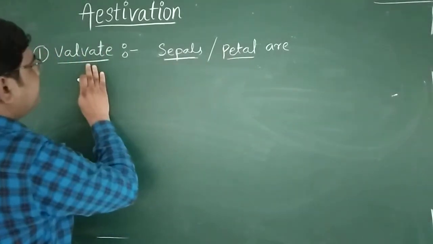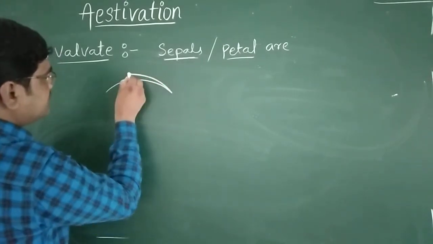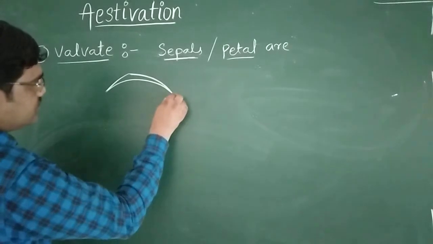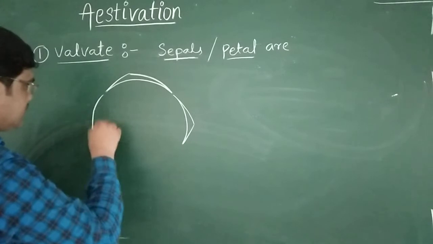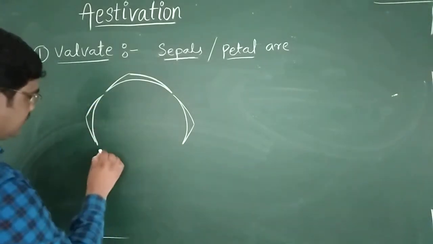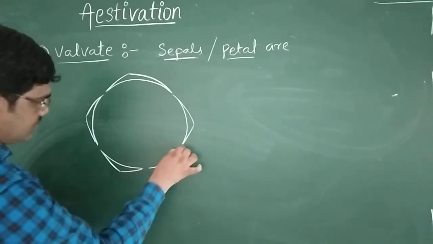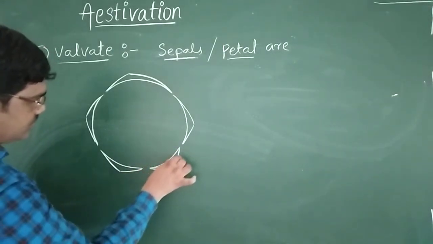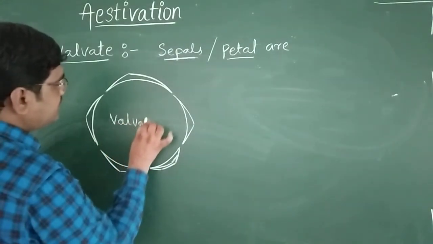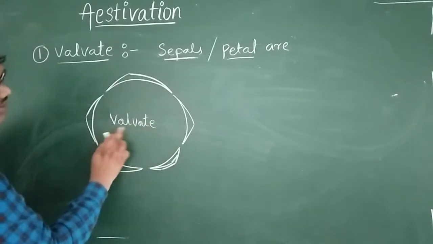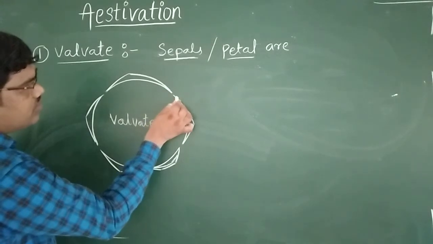So, what is the diagram of valvate estivation? Here this is one sepal or petal. This is the valvate estivation. In valvate estivation, the petal margins are very close to each other.